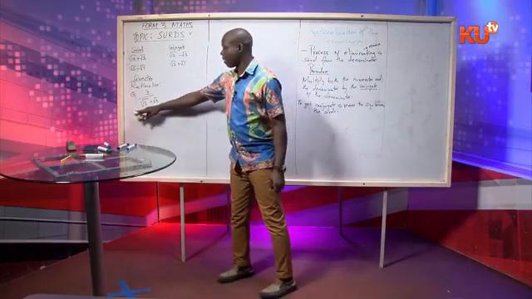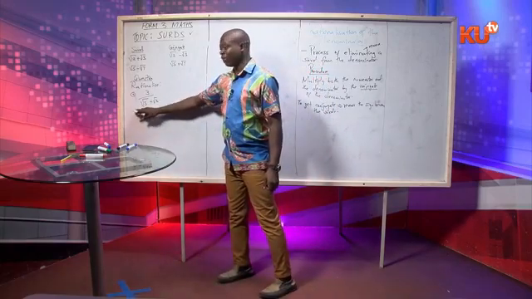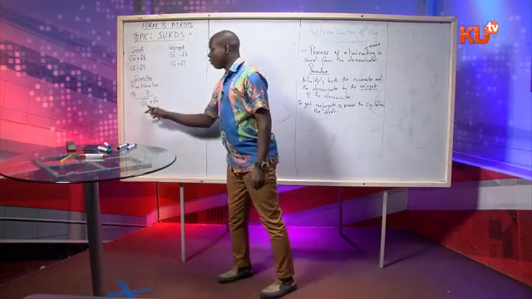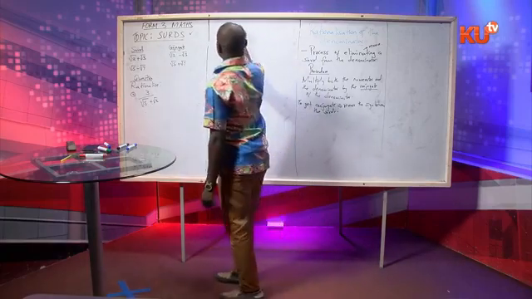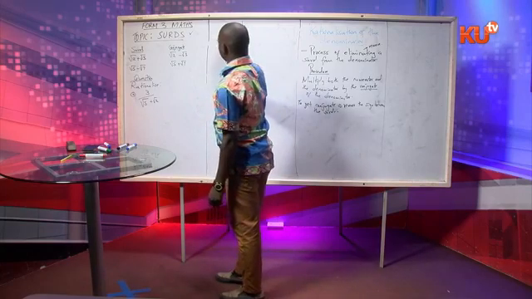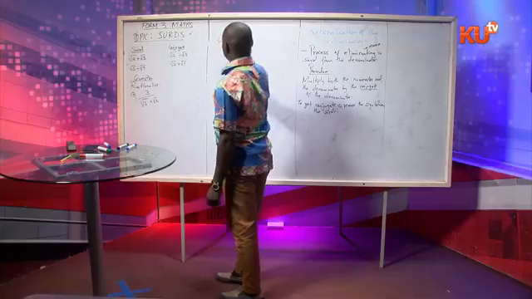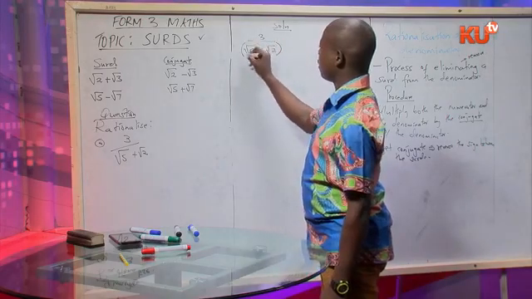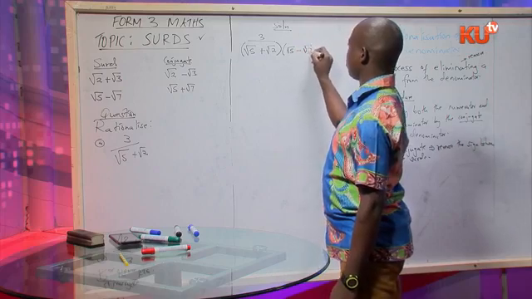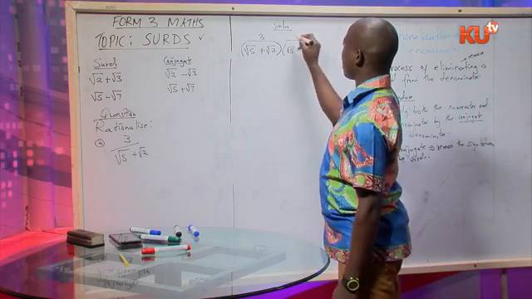So here, our denominator is root 5 plus root 2. We need to know what's the conjugate. Our solution will be 3 over root 5 plus root 2. The conjugate of this denominator is root 5 minus root 2. So you multiply on both sides.